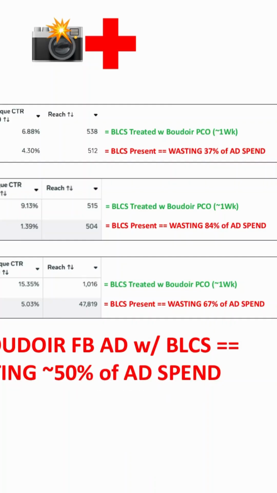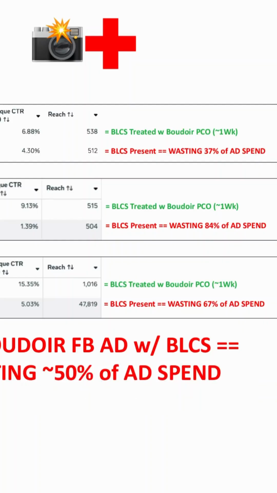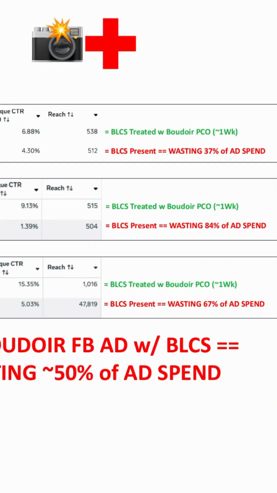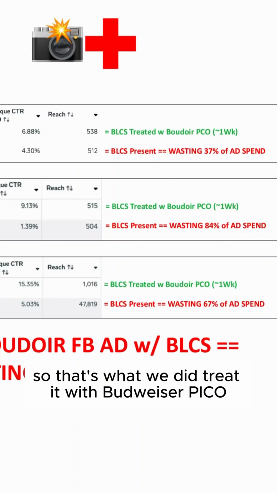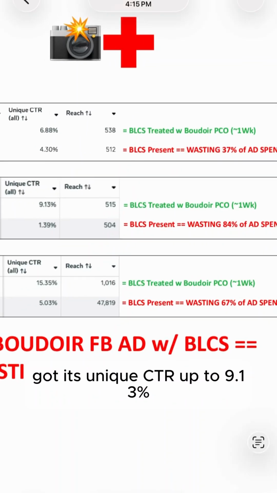Since it's under 6%, we know that BLCS is present, aka Boudoir low click syndrome, and as a result, we can actually treat it with Boudoir Pico. So that's what we did. Treated with Boudoir Pico, got its unique CTR up to 9.13%.